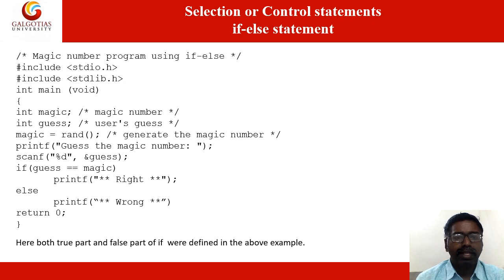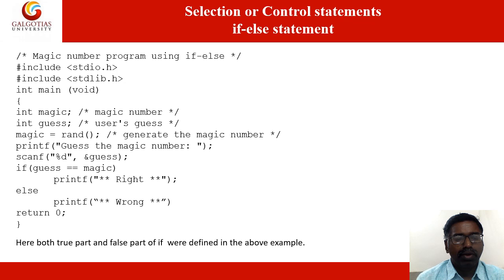Here there is another example for the if else statement, which continues from the if statement program: finding the magic number, or guessing the magic number. As in the same program, here also we have int magic and int guess. Those two are integer variables, magic and guess.